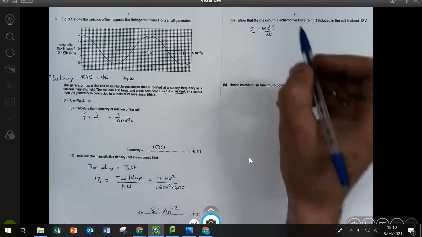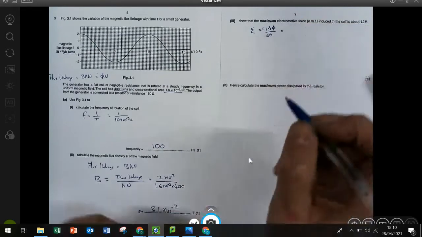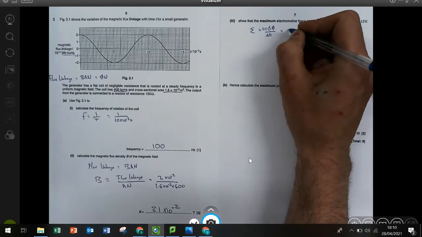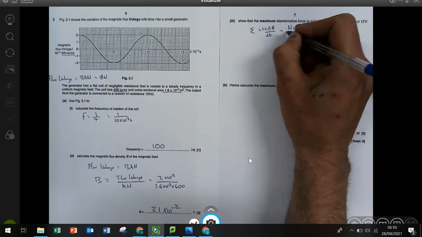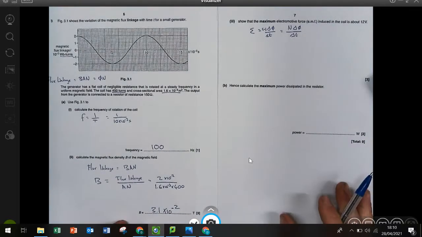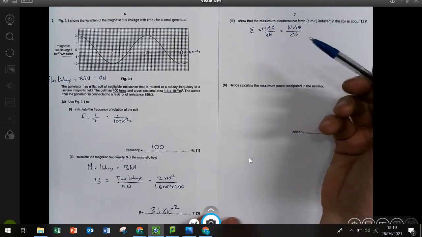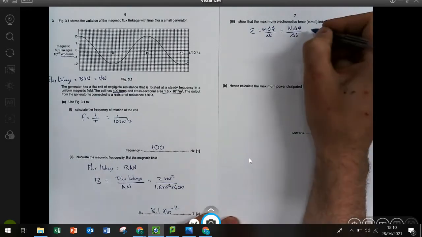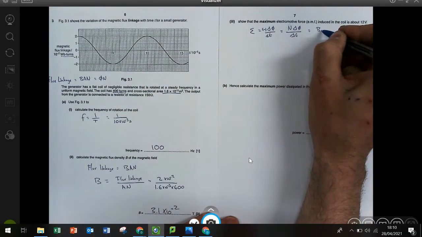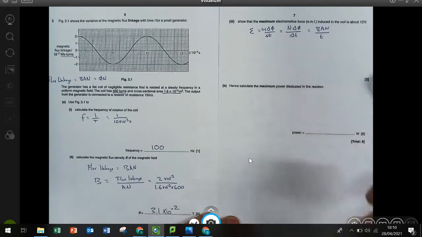Because there is more than one coil, we need to modify this and say that it's N delta phi over delta T, because every single coil is going to experience the same field through it, so we need to multiply by the number of coils. And then we know that phi is BA, so it becomes BAN over T.